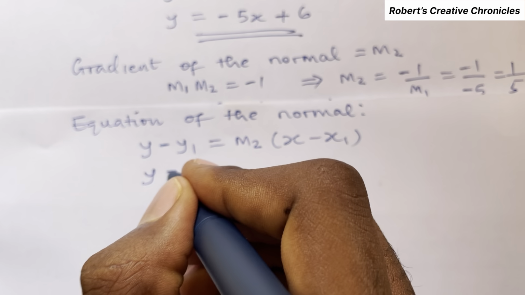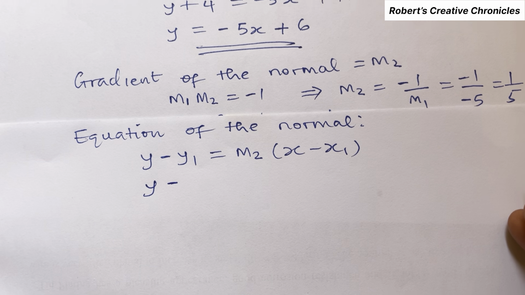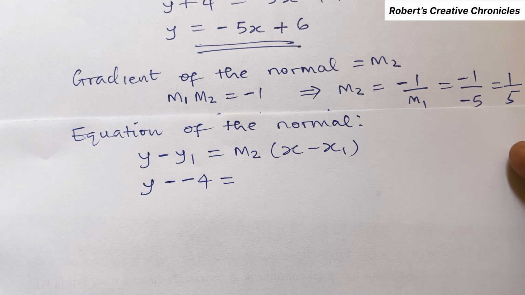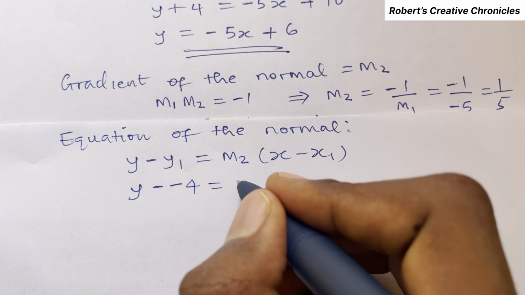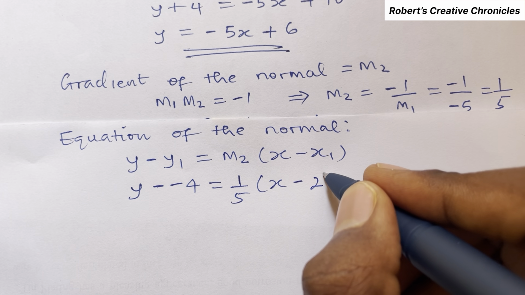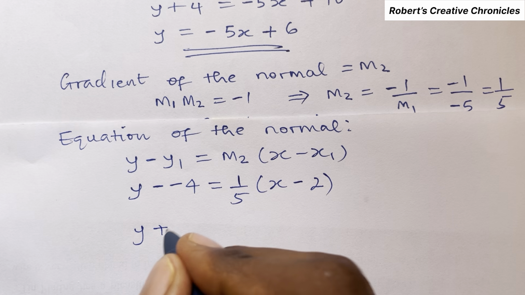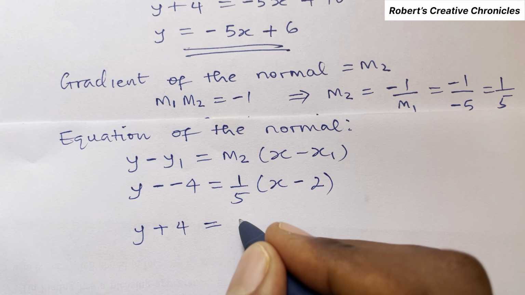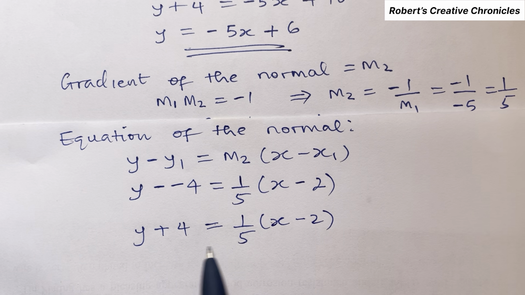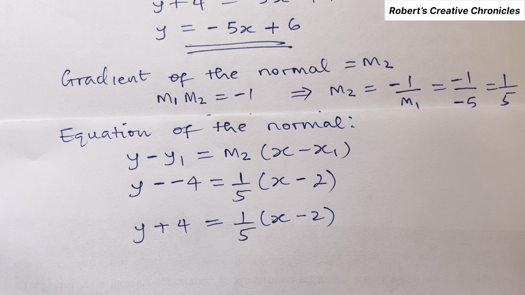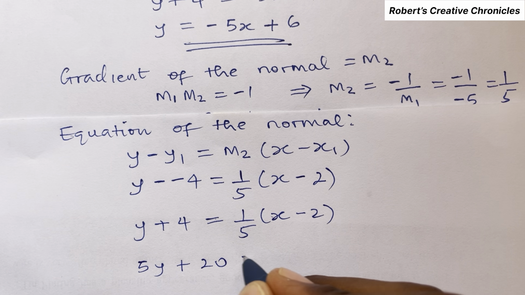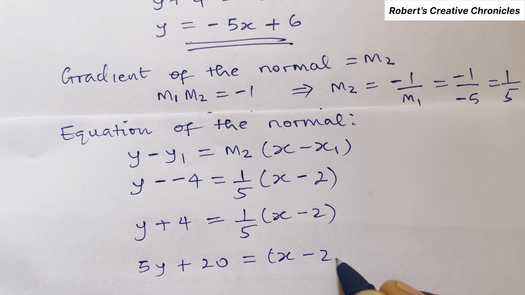So it will be y minus y1, which is negative 4, equals m2, which is 1 over 5, times (x minus 2), where x1 is 2. So this becomes y plus 4 is equals to 1 over 5 (x minus 2). Now we can multiply by 5 to remove this fraction. 5y plus 20 is equals to x minus 2.